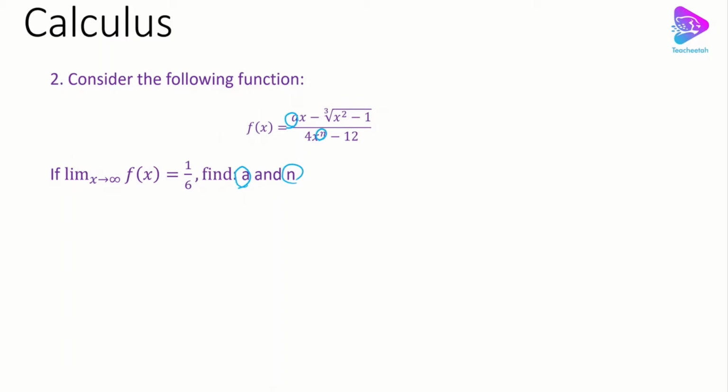The other case is when the top part and the bottom part have the same highest order, and at the end the ratio of the coefficients of the highest order is going to be the answer. And the third case is when the highest order of the denominator is bigger than the highest order of the numerator.